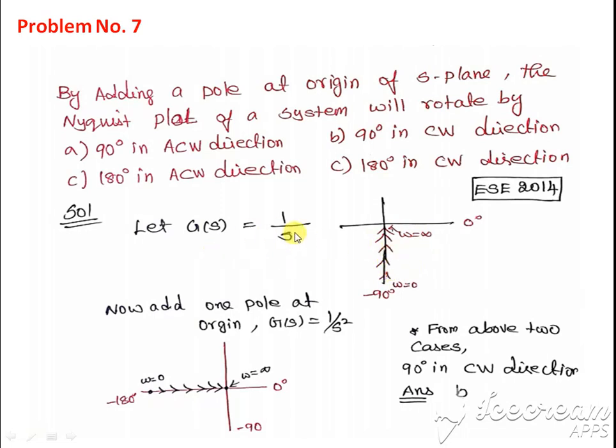For example, consider the transfer function 1 by s, which gives a plot like this. Add one more pole at the origin and we get 1 by s squared, which shifts from minus 90 to minus 180. So totally a 90 degree shift in the clockwise direction. So the correct option is option B.